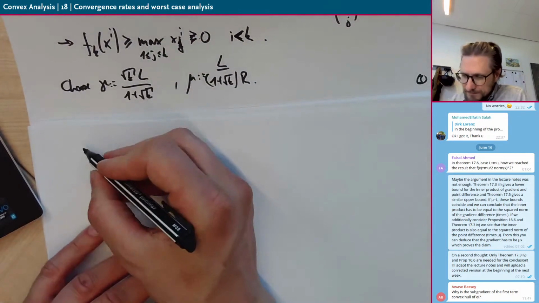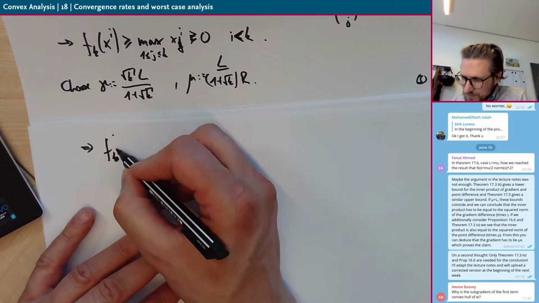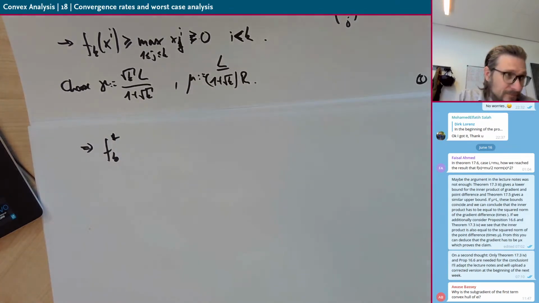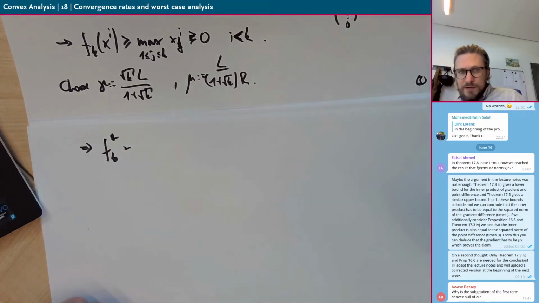So then we get that the optimal value, so we can just copy it from here.